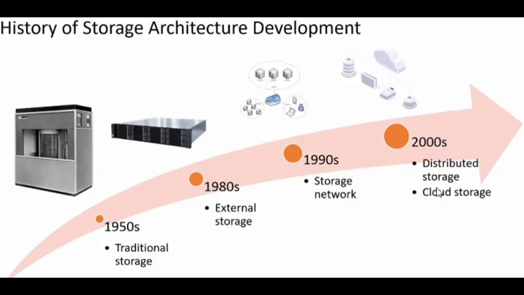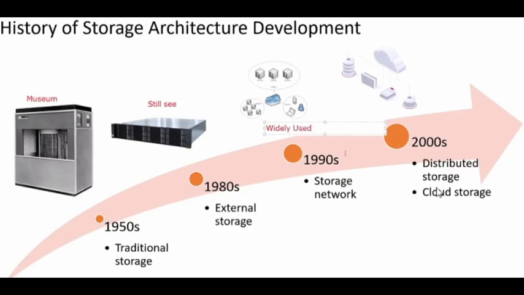We'll start off from the old days, which is the traditional storage. Have you seen these guys before? These you can only see in the museum now. External storage is something you will still see. Storage network is widely used.